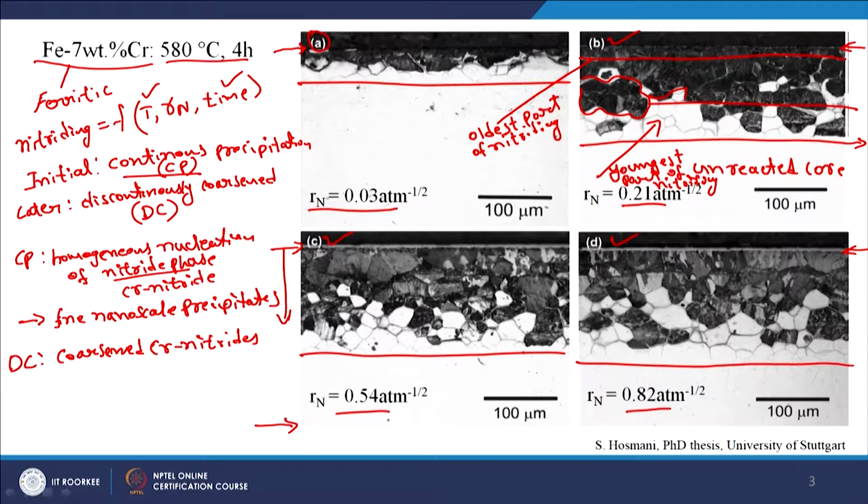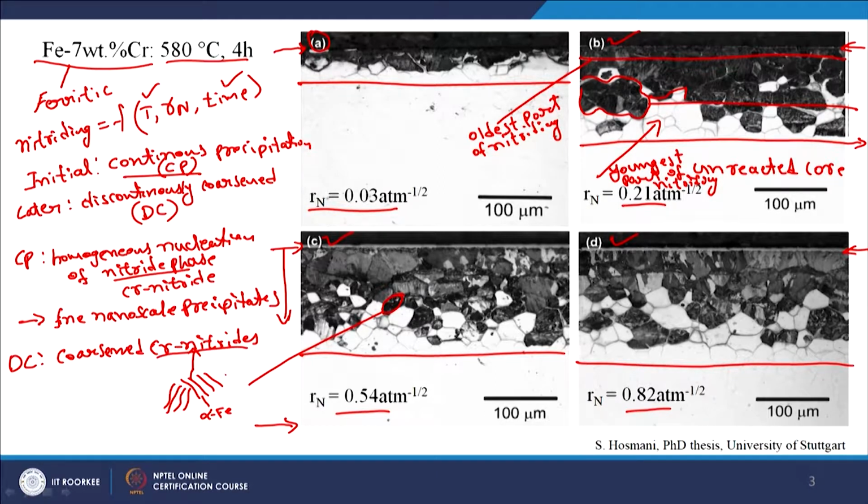Okay, so, if we look closely into these dark regions by using high resolution microscopy like scanning electron microscopy or transmission electron microscopy, we would see something like a lamellar structure. If we look at a very high magnification, you see the development of something comparable to a pearlitic microstructure. You have this white one as the ferrite, and let us say the red one is the chromium nitrides.